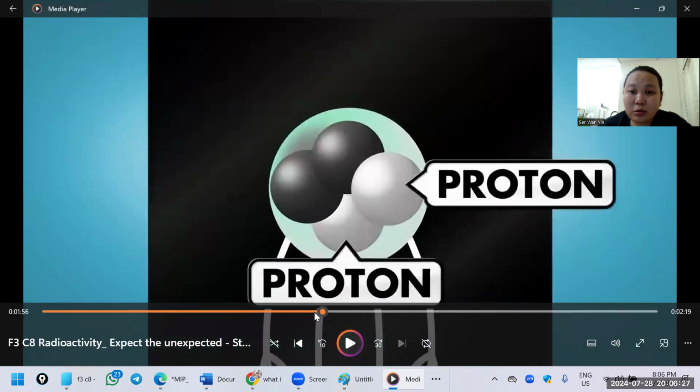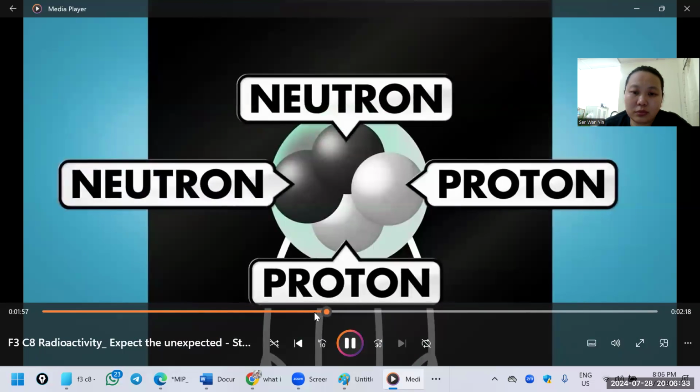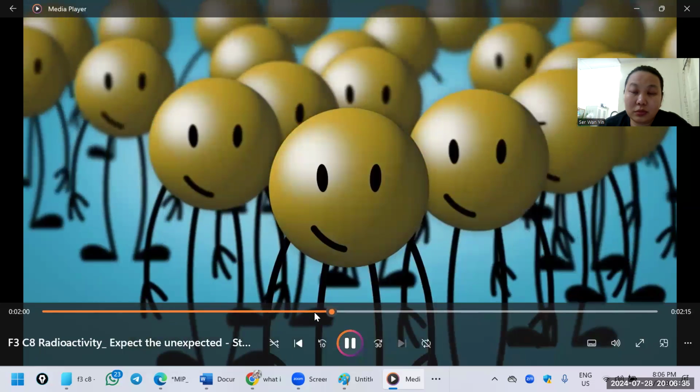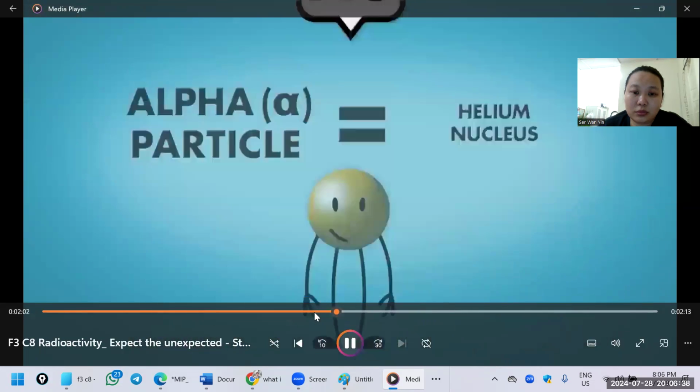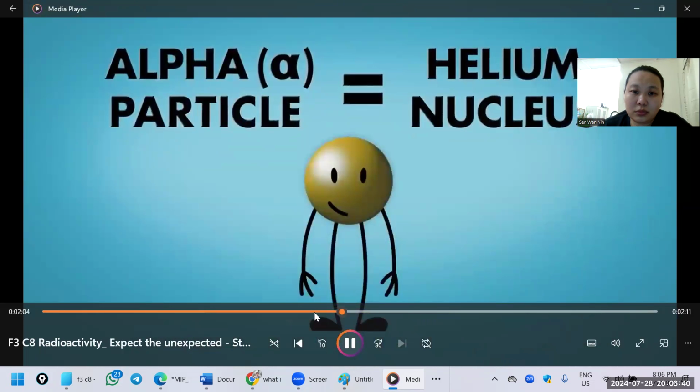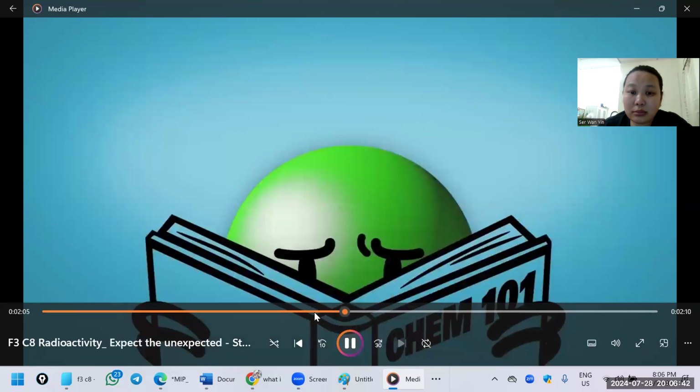Alpha is 2 protons, 2 neutrons. Alpha is a helium nucleus.